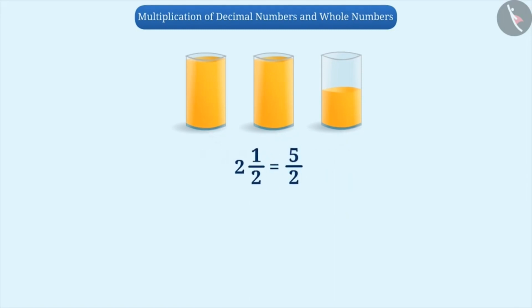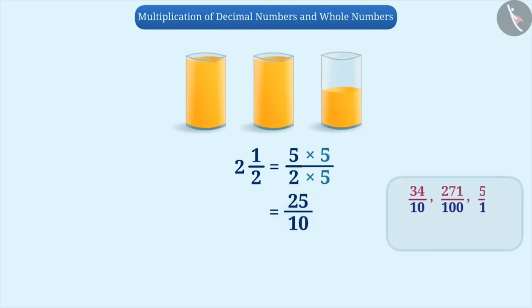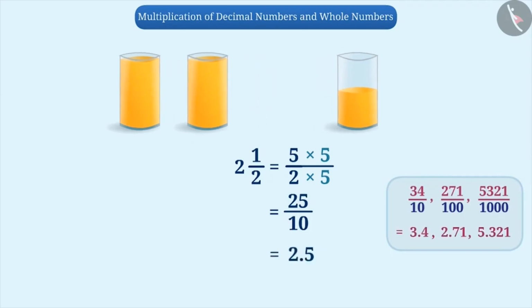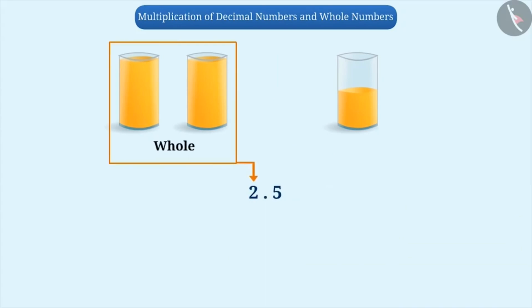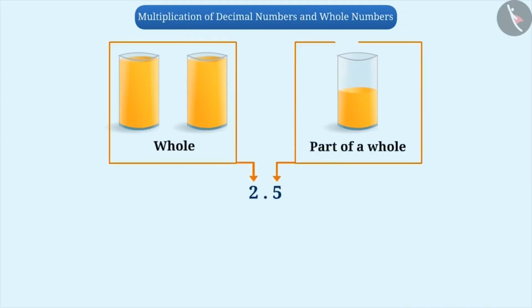If we multiply both the numerator 5 and denominator 2 by 5, we will get a fraction whose denominator will be 10. If the denominator of a fraction is a number like 10, 100, 1000, then we can represent it in its decimal form, in which the whole number is represented on the left of the decimal point and the part of the whole is represented on the right of the decimal point. A number represented with a decimal point is called a decimal number.